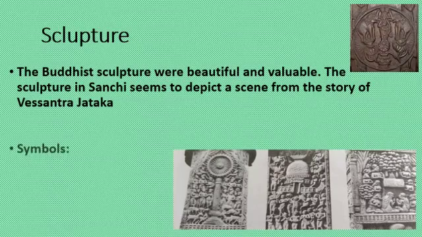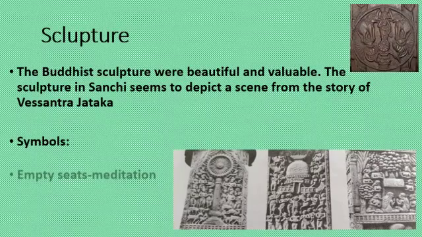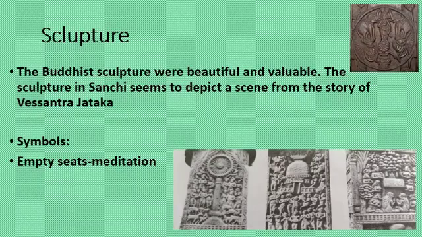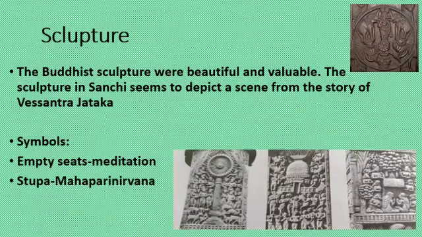Many early sculptures did not show the Buddha in human form. Instead, they showed his presence through symbols. The empty seat was meant to indicate the meditation of the Buddha, and the stupa was meant to represent the Mahaparinirvana. Another frequently used symbol was the wheel. This stood for the first sermon of Buddha delivered at Sarnath.